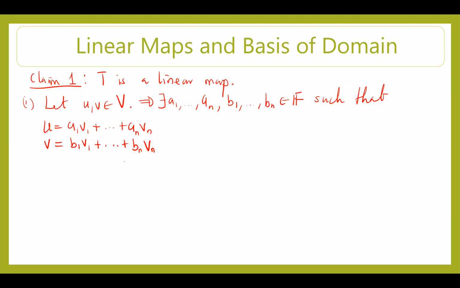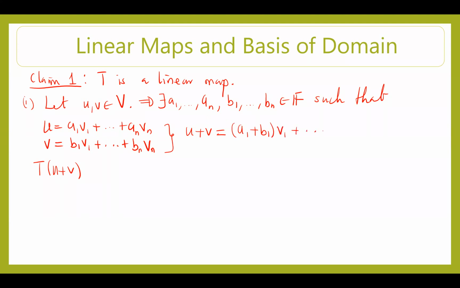All right, now let's find T of u plus v. Before I do that, I'll quickly find u plus v. This is just vectors. So u plus v will simply be a1 v1 plus b1 v1, so I can combine the scalars for v1.